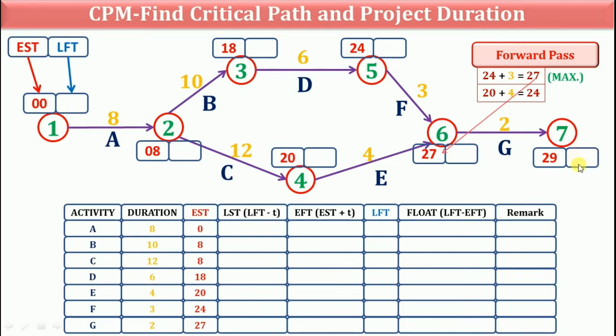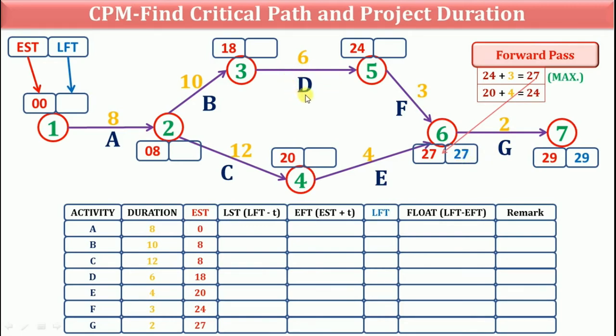Now we will calculate latest finish time. So here we will write 29. Then to find out latest finish time of activity E and F, 29 minus 2 is equal to 27.